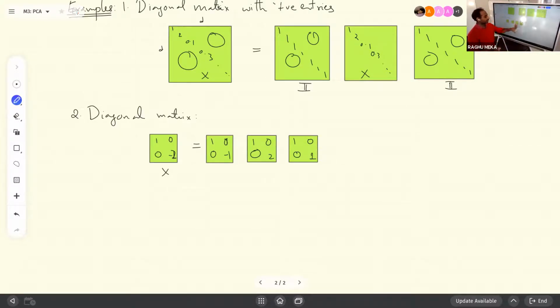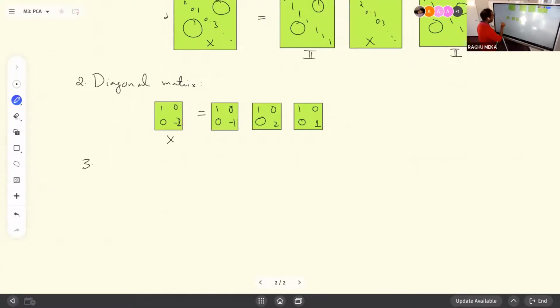And you can check that this satisfies the equation, and all the conditions on U sigma V are satisfied. U has orthonormal columns, V transpose V has orthonormal columns, and sigma has non-negative entries and is diagonal. Okay? Let's do one more example, maybe a couple more examples just to understand this better.